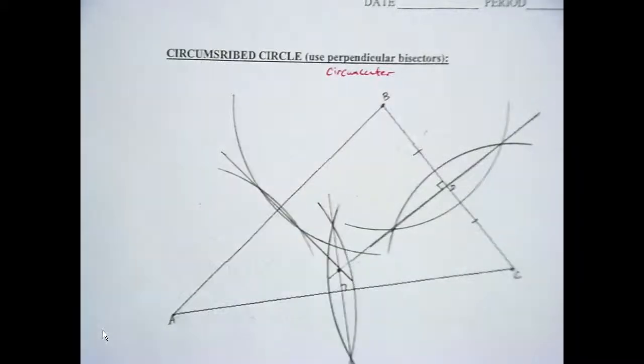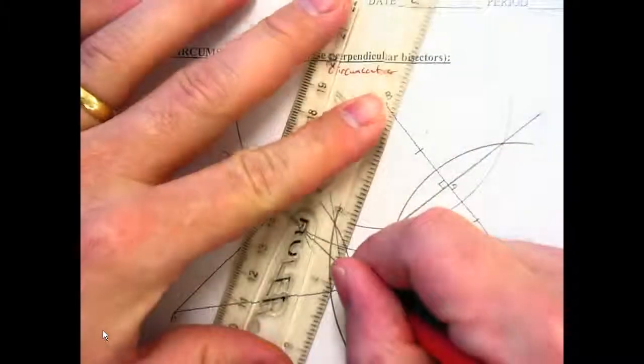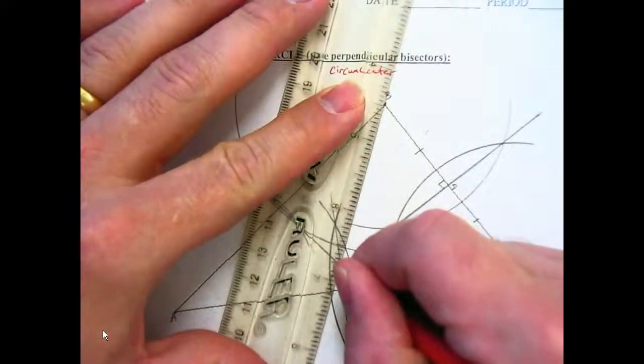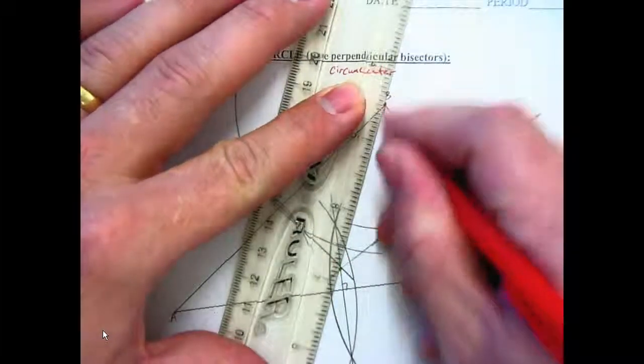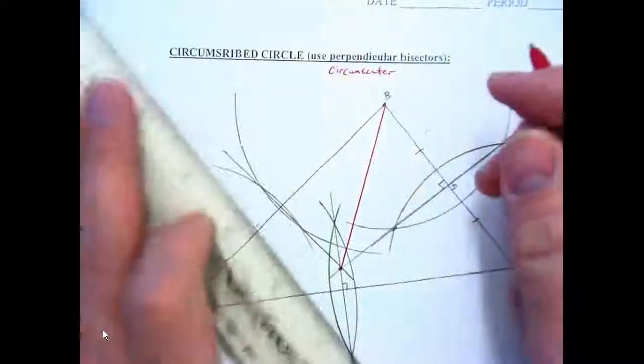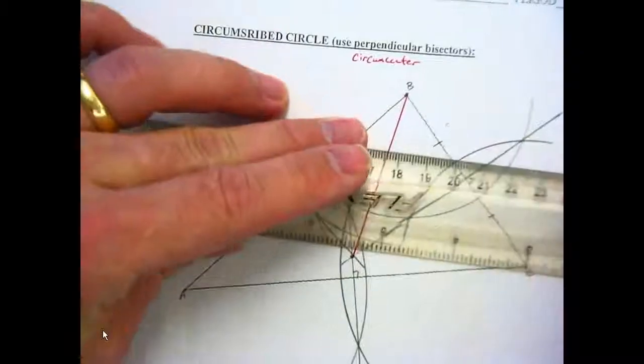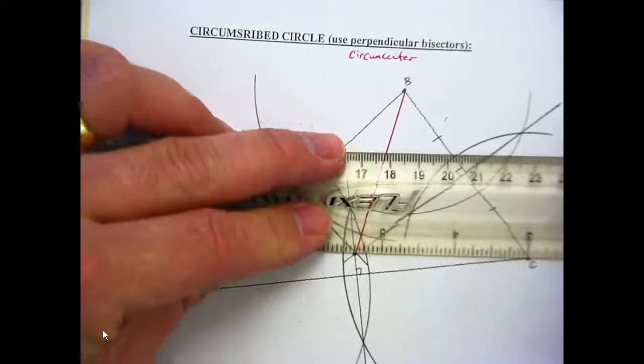So, all right, now remember this. If I were to draw a line from my circumcenter to each of these angles, that distance should be equal. All those distances should be the same.